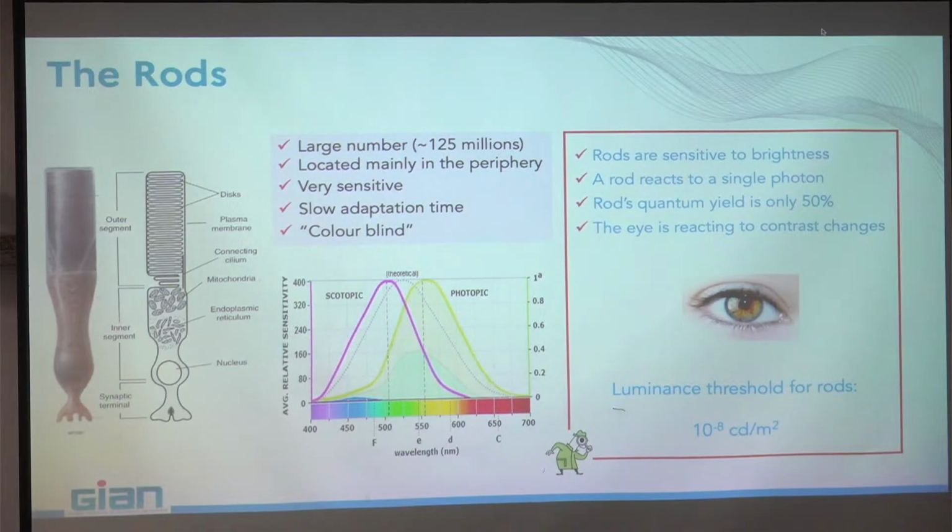A single photon hitting a rod has a 50% chance to start the visual process. That means with two photons arriving almost simultaneously at the rod, you have a 100% chance that the visual process starts. But they are slow in adaptation time.